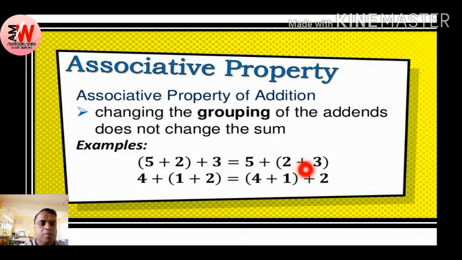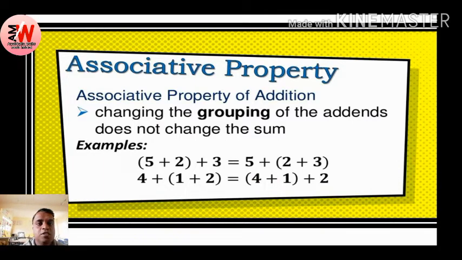Similarly, first we have to do the bracket: 2 plus 3 is 5, 5 plus 5 is 10, so 10 equals 10. Another example: 4 plus bracket 1 plus 2, 1 plus 2 is 3, 4 plus 3 is 7, equals bracket 4 plus 1 bracket complete plus 2, 4 plus 1 is 5, 5 plus 2 is 7. So this answer is also 7.